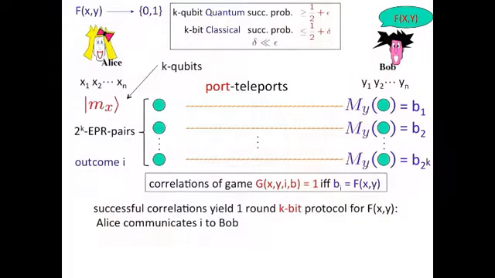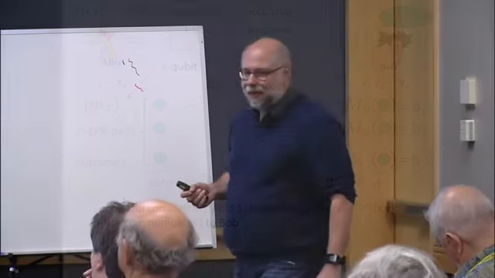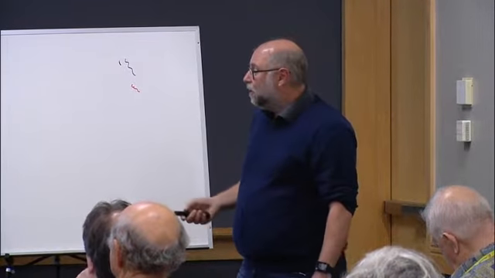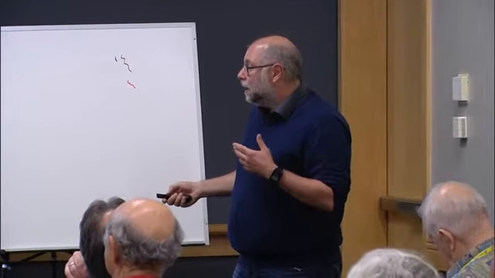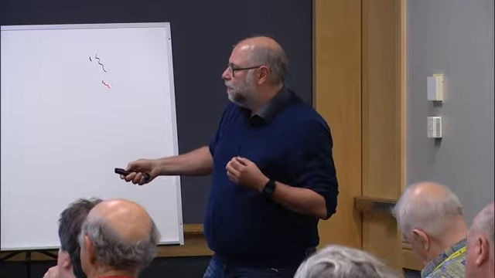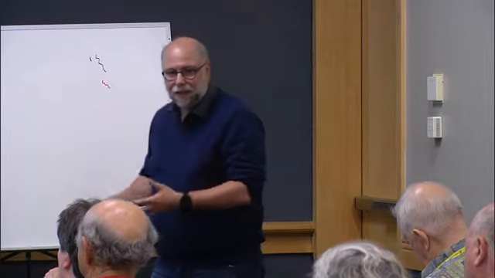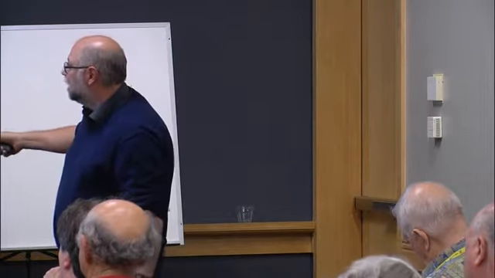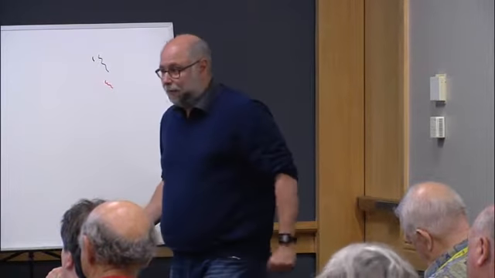And so this gives you a game matrix, and you can now fairly easily see that if you could play these correlations classically, so if you were able to produce these correlations classically, then that would induce a one-round classical protocol that only used k bits to compute f(x,y). And why is that? Because what Alice just does, she generates this i classically and sends it on to Bob. And that is just log of 2^k, and that's just k bits of information.